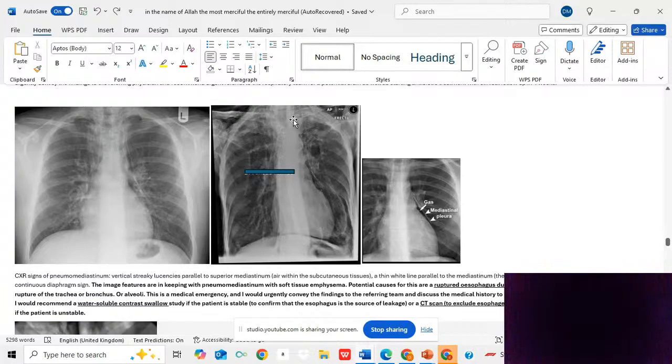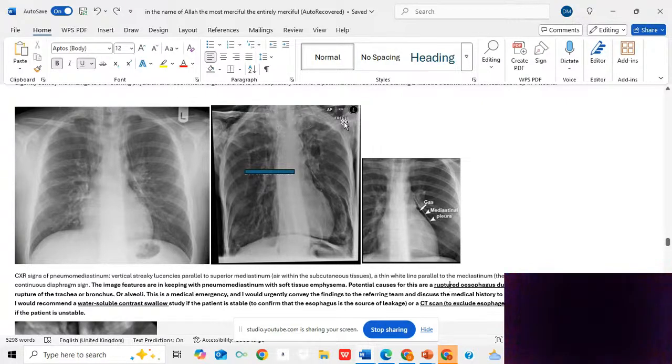They represent air within the superior mediastinum and within the soft tissue of the superior mediastinum. Okay.